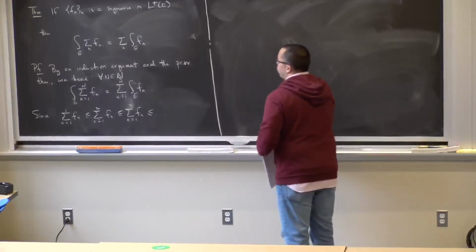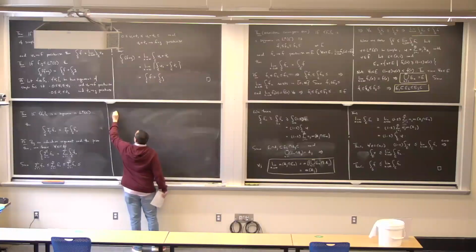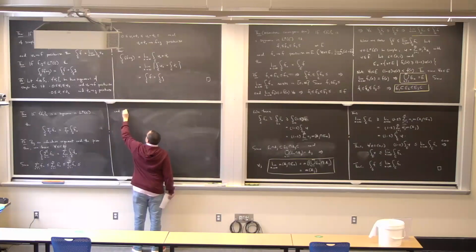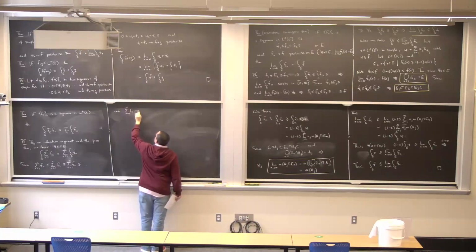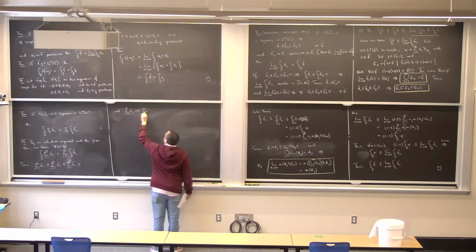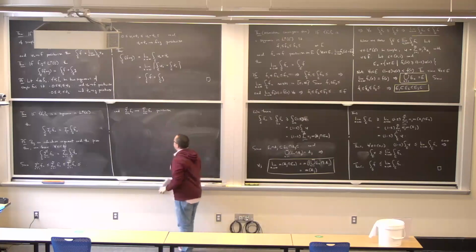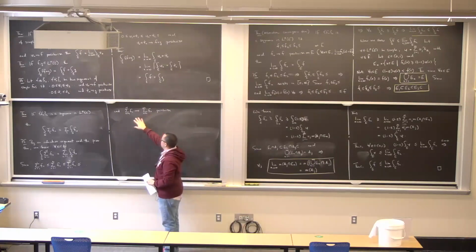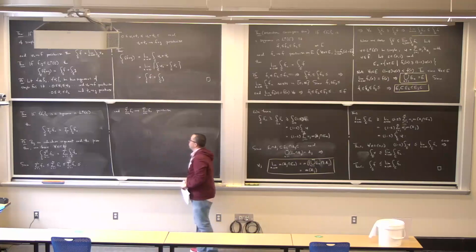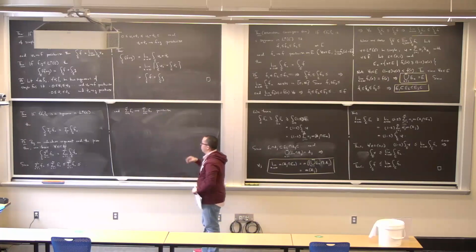And the sum from n equals 1 to capital N converges pointwise to the infinite sum, simply by defining this to be the limit as capital N goes to infinity of the sum of Fn of x pointwise.